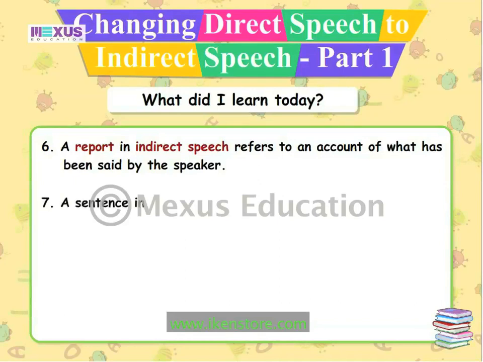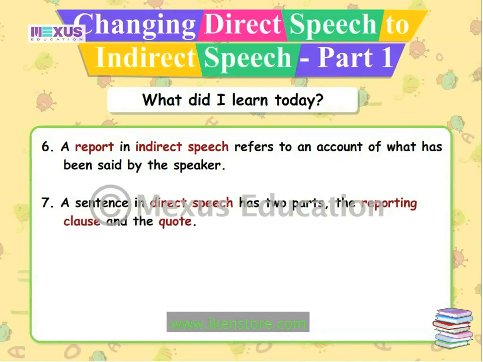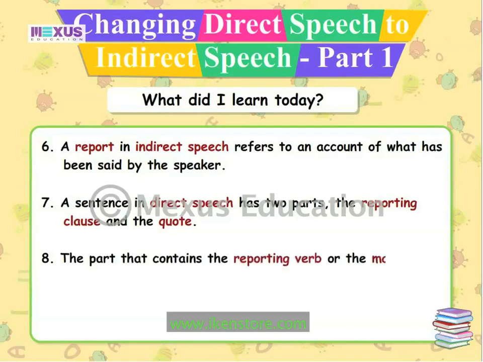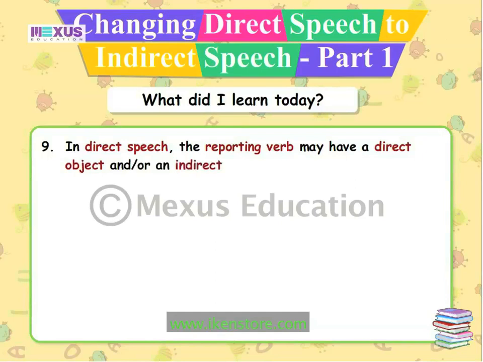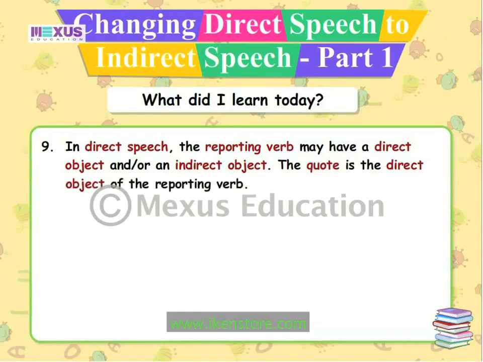A sentence in direct speech has two parts, the reporting clause and the quote. The part that contains the reporting verb or the main verb is called the reporting clause. In direct speech, the reporting verb may have a direct object and or an indirect object. The quote is the direct object of the reporting verb.